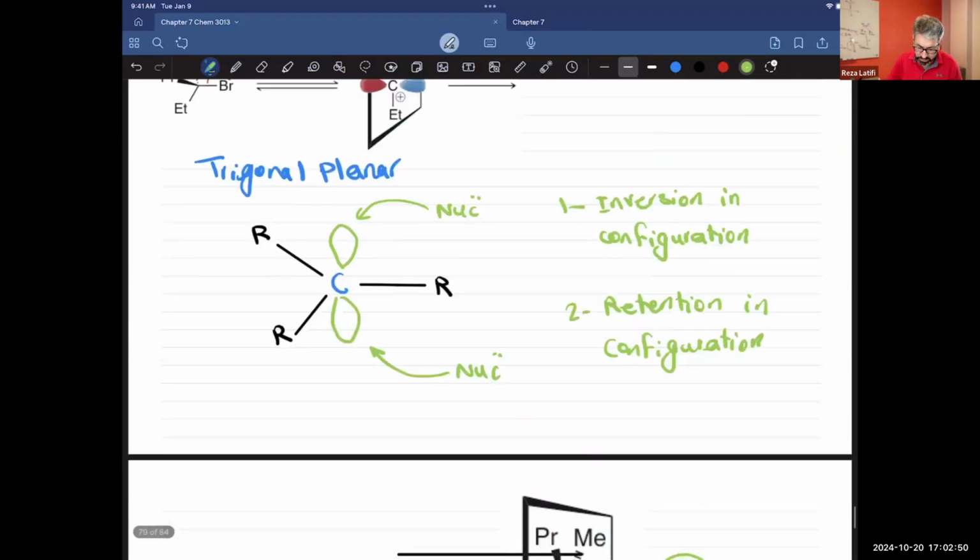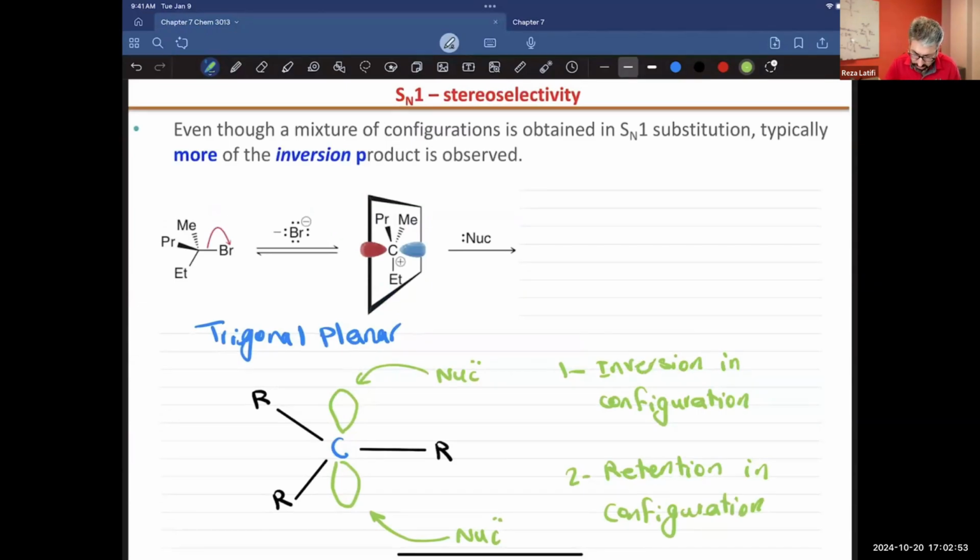This is the molecule that we have. Let's say we add the nucleophile from the back of the molecule, and then we might get this. So say we have carbon, and I'm going to keep two of them inside the plane. Say this one is inside the plane, and here it will be the methyl. And I'm going to put the nucleophile here.